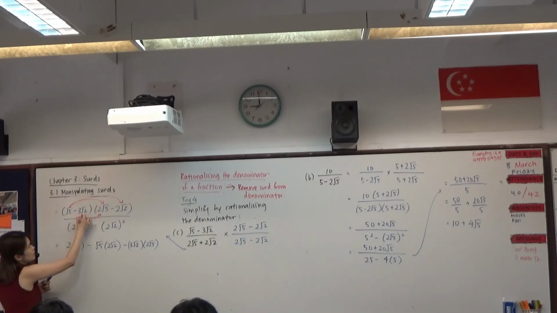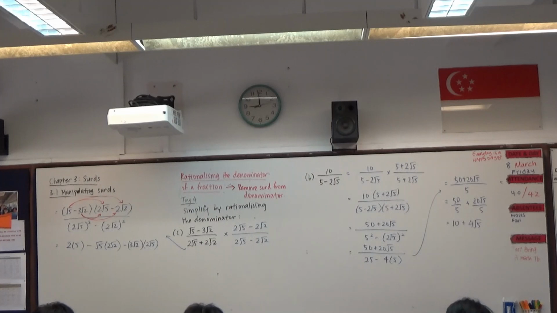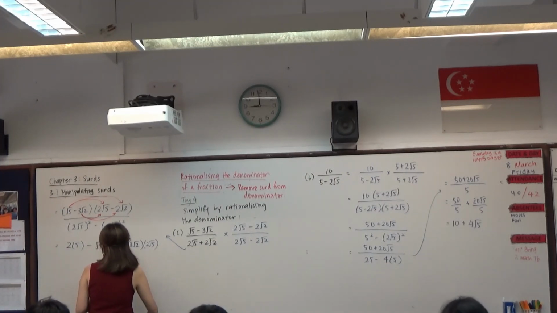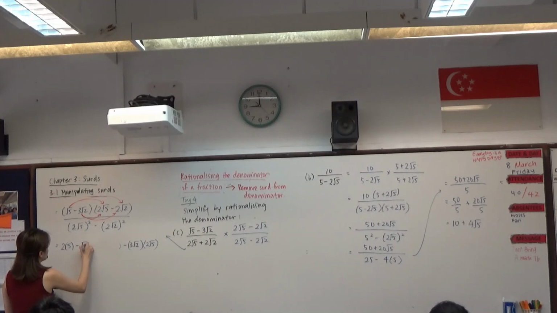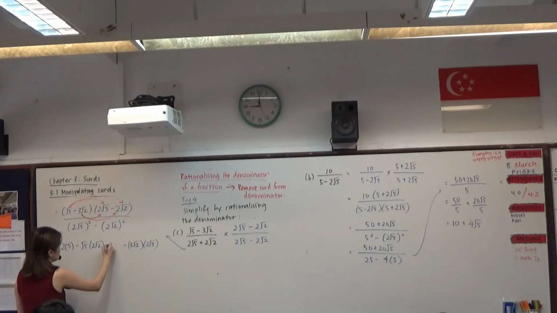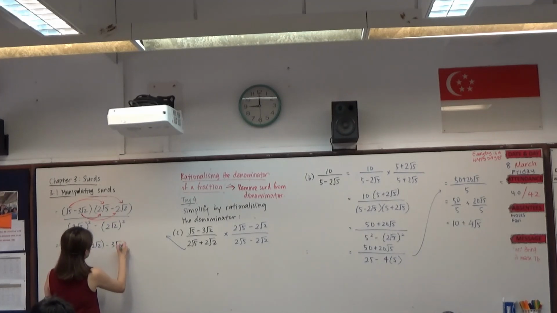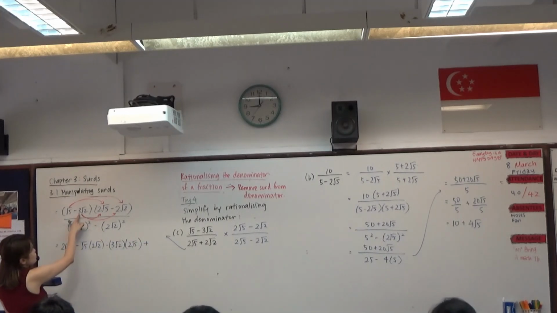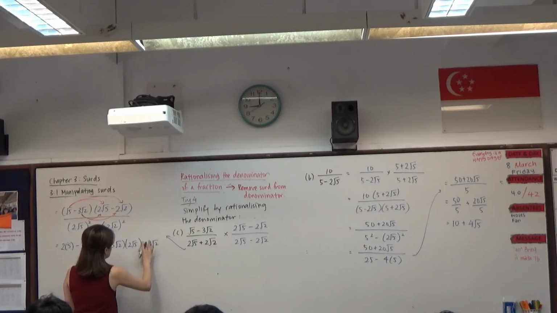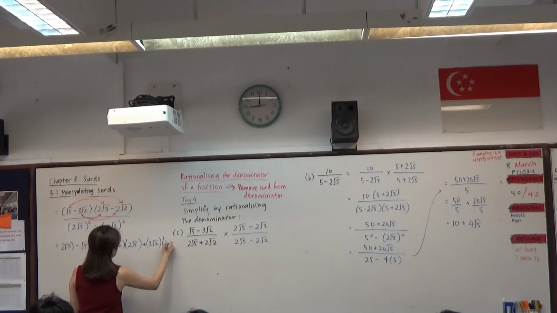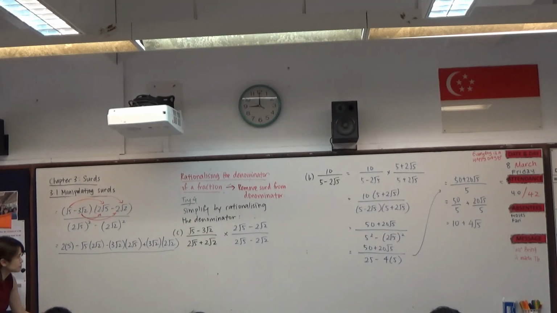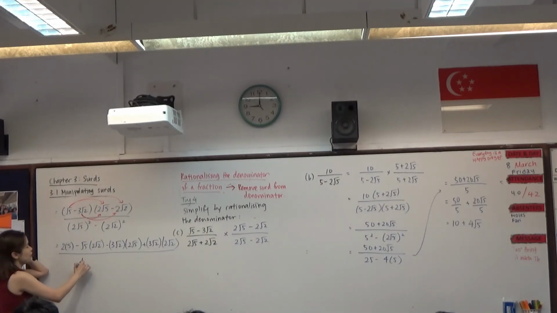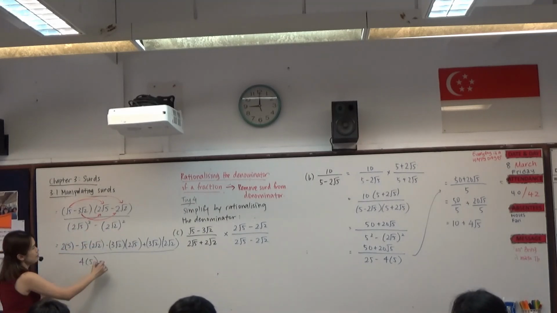And then lastly, negative 3 root 2 with negative 2 root 2, and then a plus 3 root 2 with 2 root 2. And then in the denominator, 2 root 5 squared will give us 4 times 5, and 2 root 2 squared will give us 4 times 2.